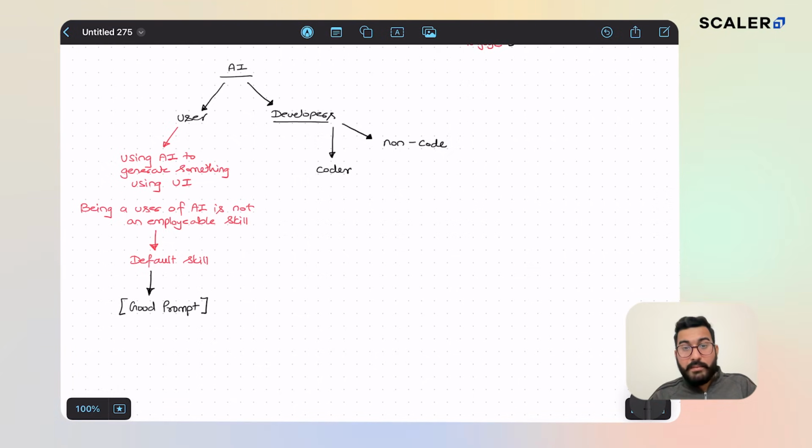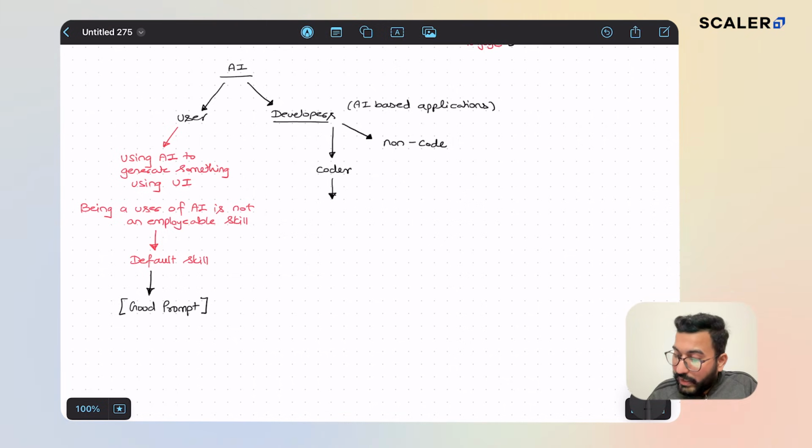You can become a developer. Developer means using AI to develop something on top of it, so AI-based applications, where you are developing AI applications using the power of AI in your company. For example, let's talk about the coding way.